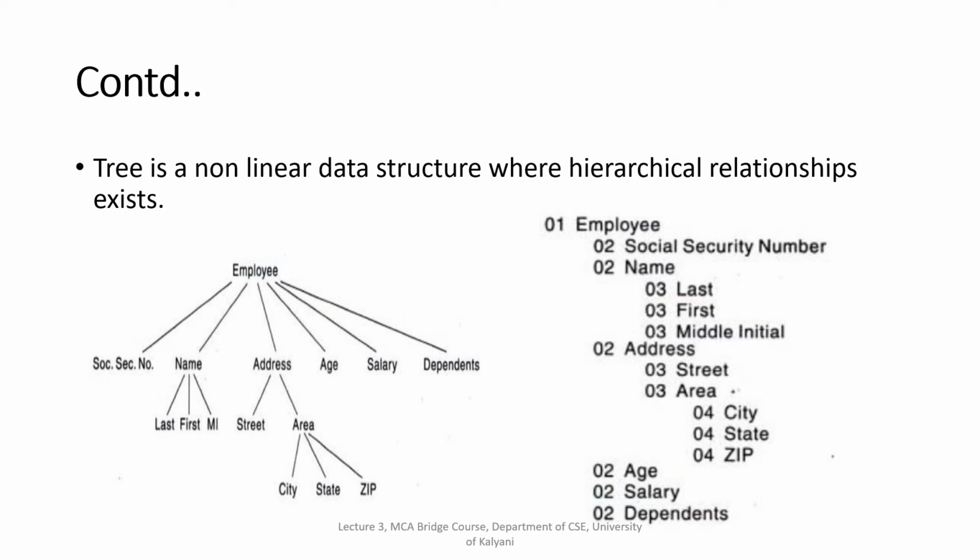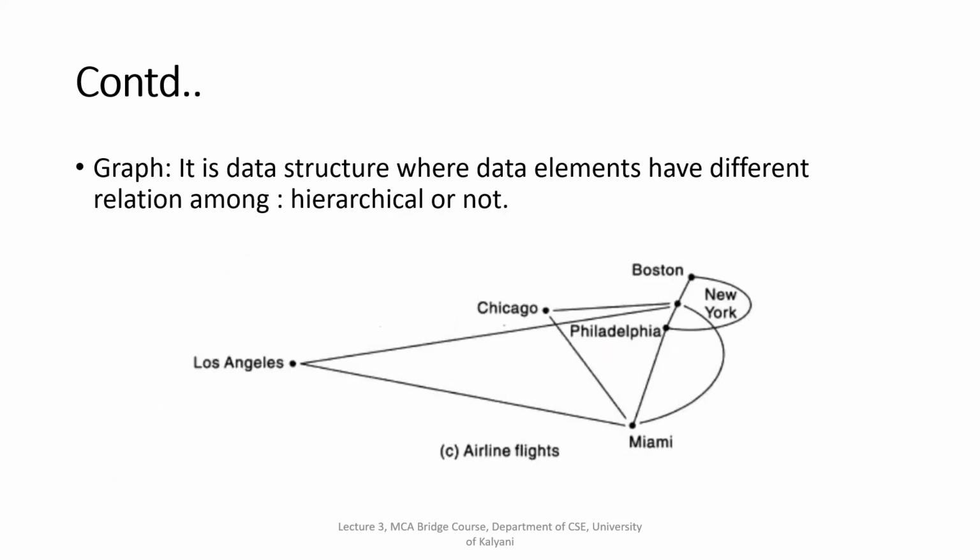Then name can be divided into 3 parts, area divided into 3 parts, and the full arrangement can be represented in a tree format. Again, the graph can represent different complex structure like the route between different cities, countries, or important places.